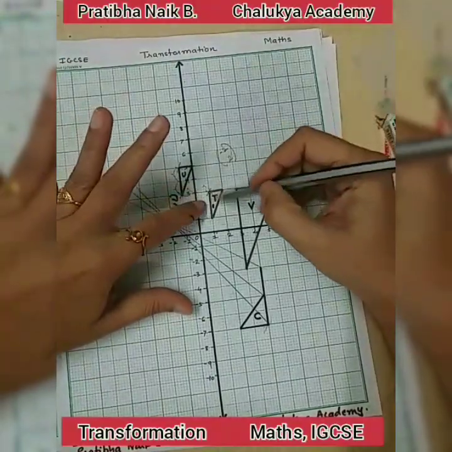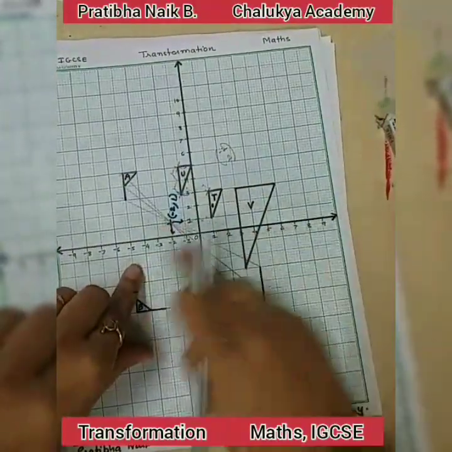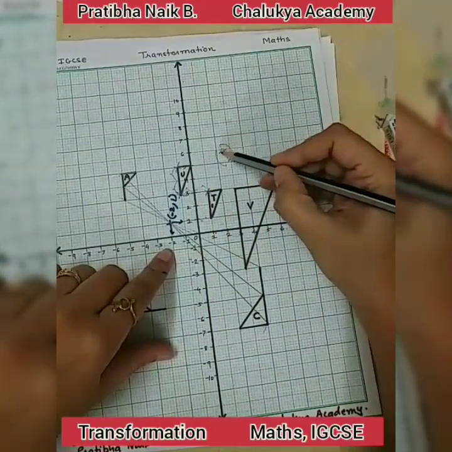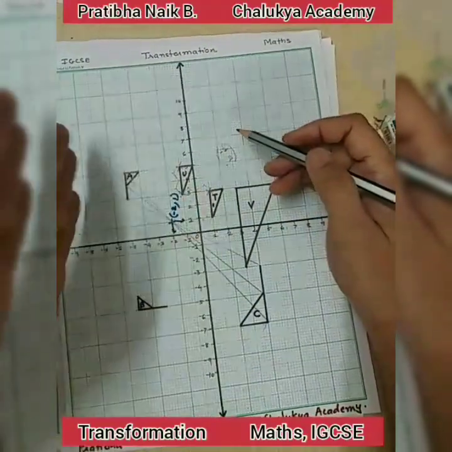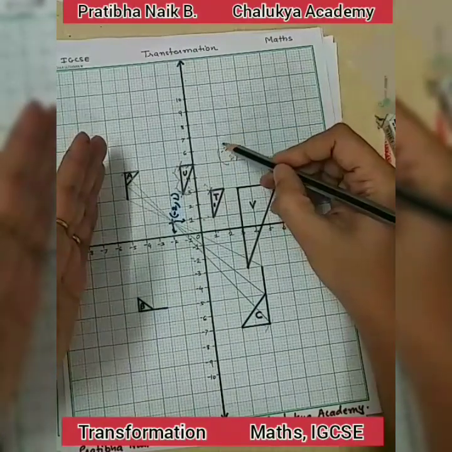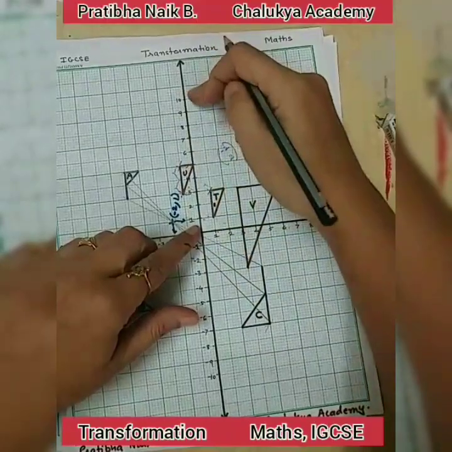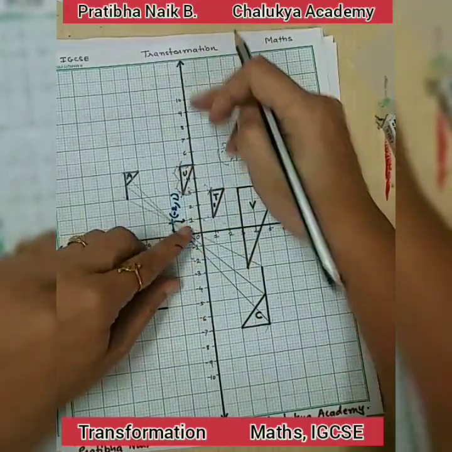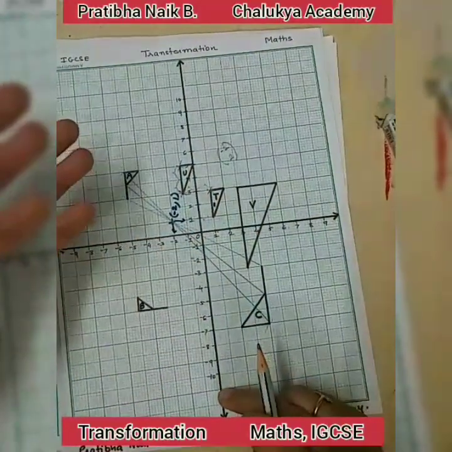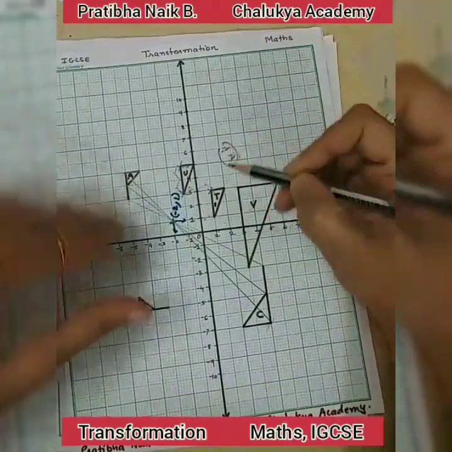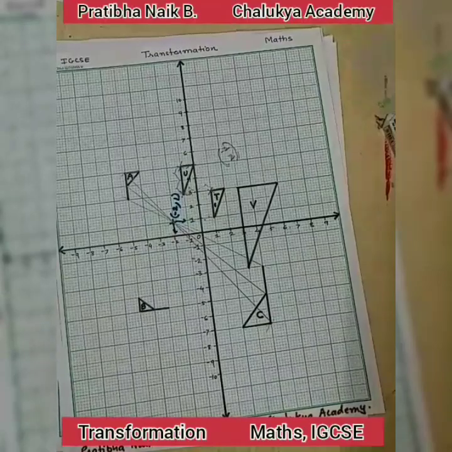As we know, along the x-axis, when you are moving towards the right side the x coordinate will be positive, and when you are moving towards the left side the x coordinate will be negative. When you are moving along the y-axis upward it will be positive, and when you are moving downward it will be negative.